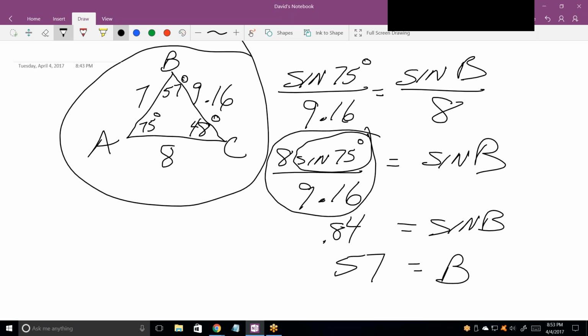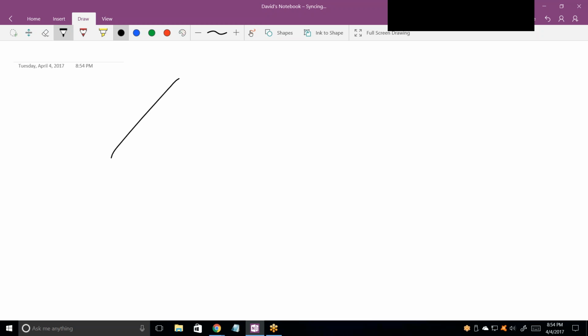And I had to do it using the law of cosines first, then the law of sines. I could have used the law of sines to calculate that angle, but that's not the easiest way. The easiest way is just to subtract from 180. Okay? Here's the only other situation where you have to use the law of cosines. That's where you have side, side, side.